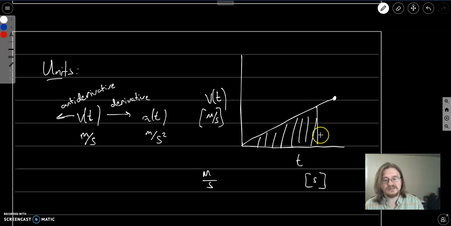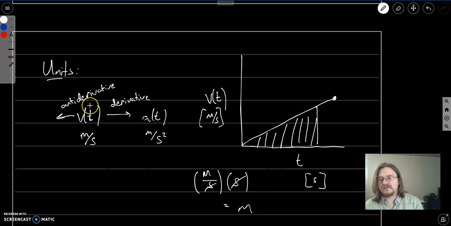Well, the meters per second is going to be the height. So for instance, if this is a triangle, this is going to be 1/2 the height of the triangle, which is in meters per second, times the base of the triangle, which is measured in seconds. The 1/2 doesn't have units, so this is just going to be in meters, right? Seconds will cancel out.